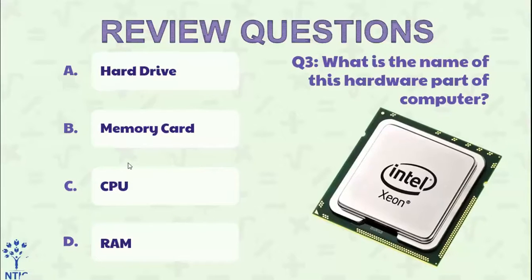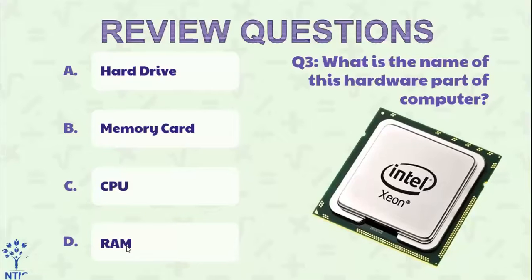Maybe it looks like that, but unfortunately, if you see this name and some pins on the device, this should be the CPU. RAM, which I showed you before this slide, is a memory, and it's not a memory card or a hard drive.